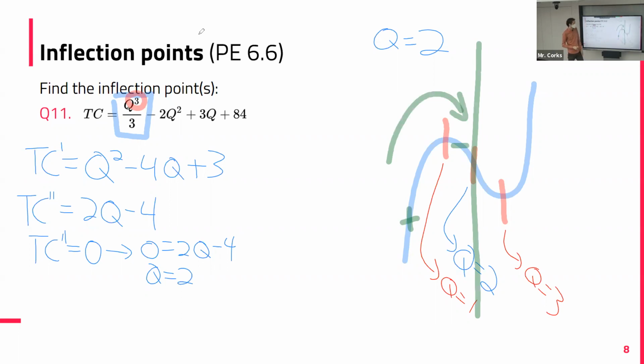They're getting more negative. And on the other side, sometimes negative, sometimes positive, but the whole time they're getting closer to positive infinity. So curving down, then curving up, sort of slowing down, then speeding up. All right, so that's the concept of an inflection point.